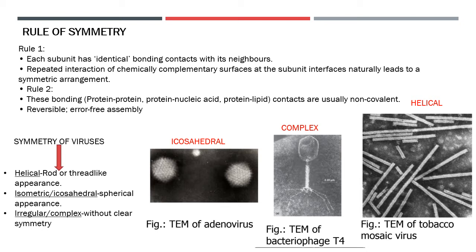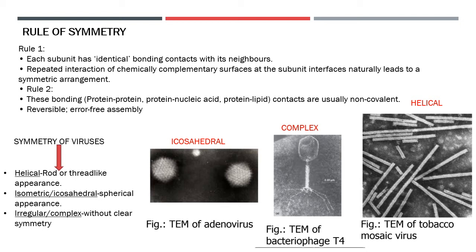Repeated interaction of chemically complementary surfaces at the subunit interface naturally leads to a symmetric arrangement. So this is the repetitive interaction of chemically complementary surfaces, which leads to a symmetric arrangement. This is how you get a symmetry, say icosahedral or helical.